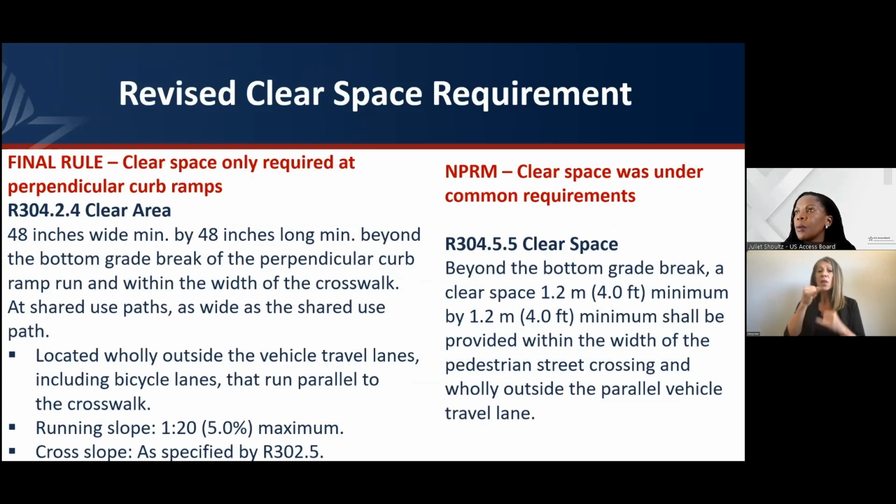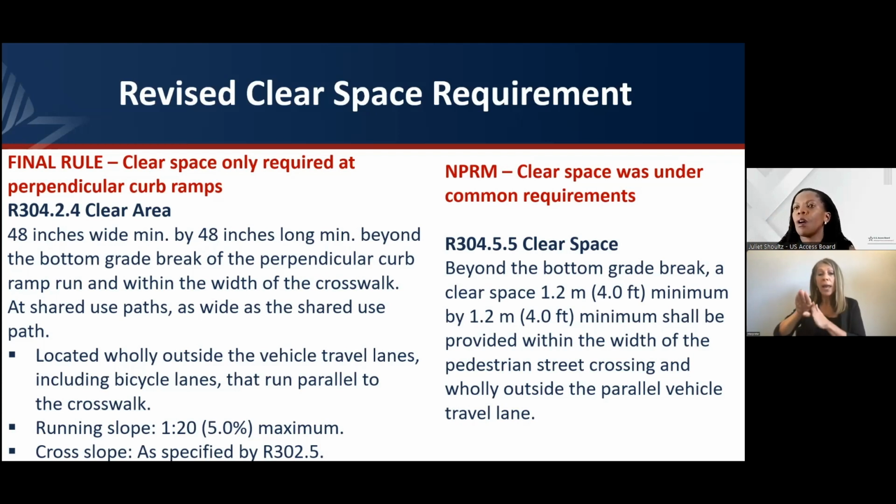In the final rule, we revised the clear space requirements. What we referred to in the NPRM as clear space, we've now changed slightly, and it's referred to as clear area. The dimensions remain the same, minimum 4 feet by 4 feet, but a clear area, as we're now referring to it, is only required at perpendicular curb ramps.